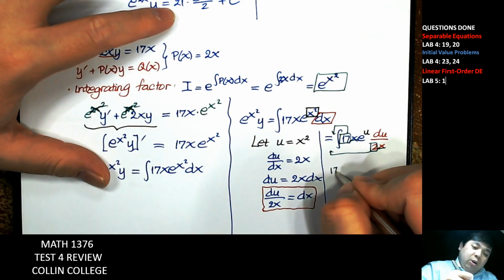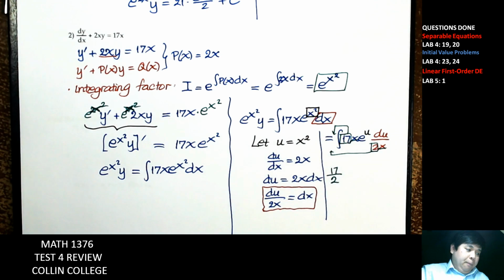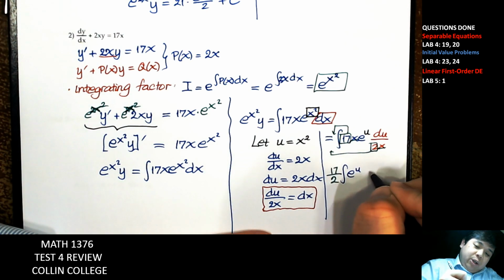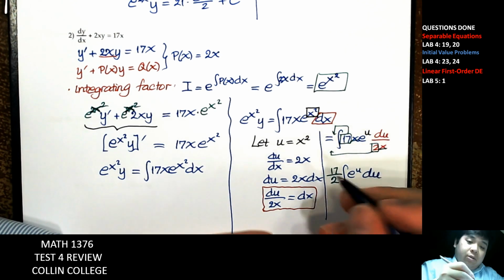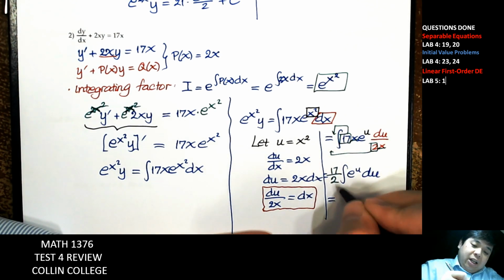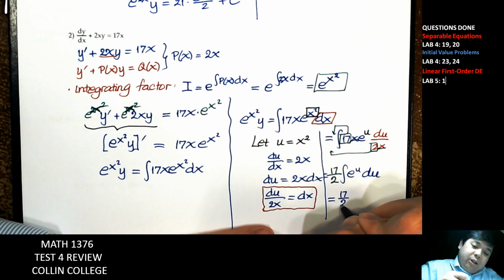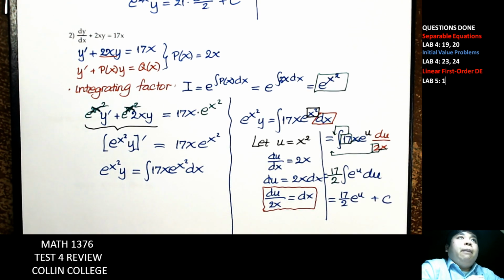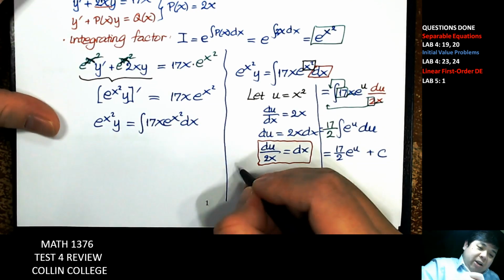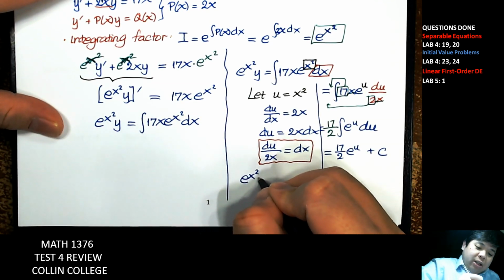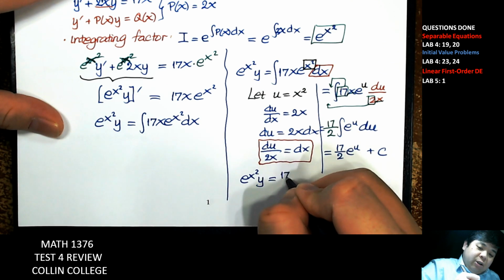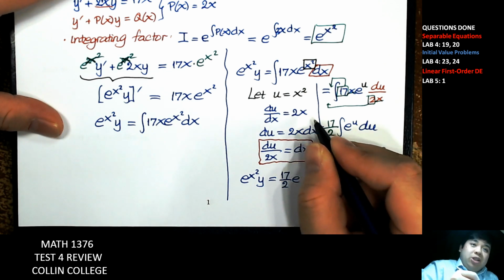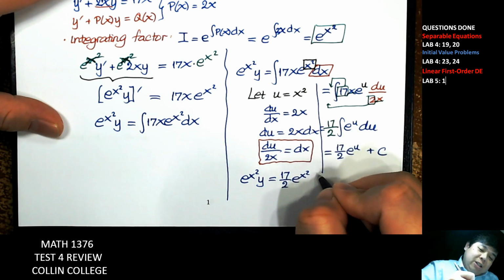So we have 17 over 2 times the integral of e to the u du, that equals 17 over 2 e to the u plus c. Right. One last step though. e to the x squared times y equals 17 over 2 e to the u, which is x squared, plus c.